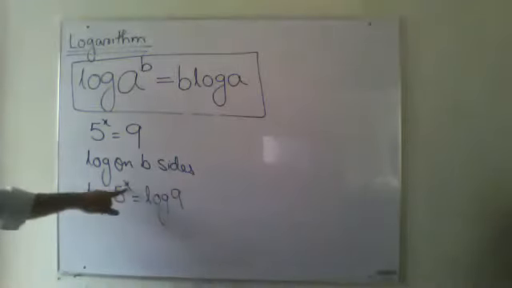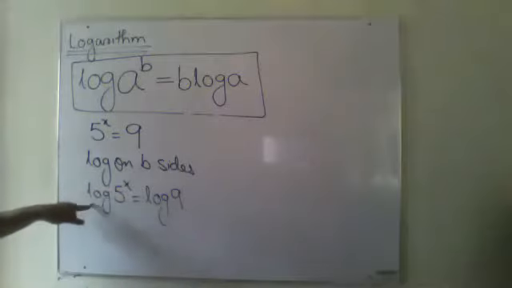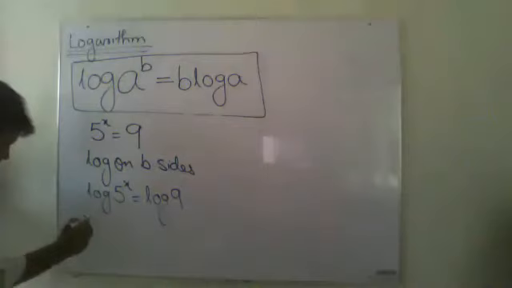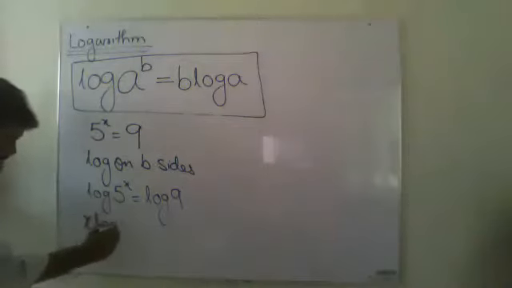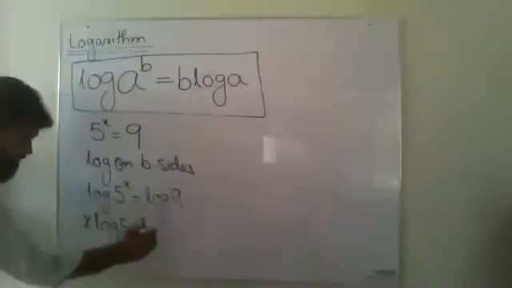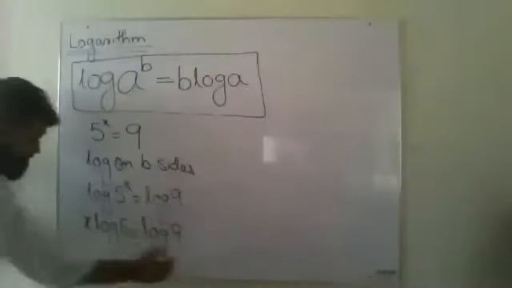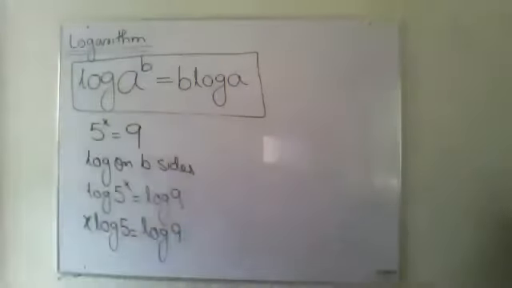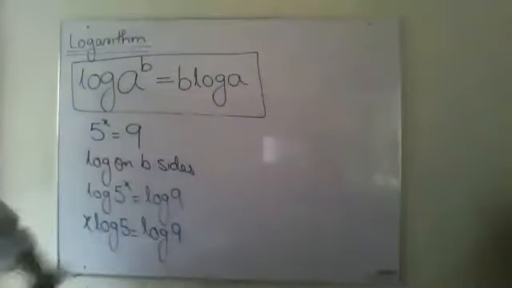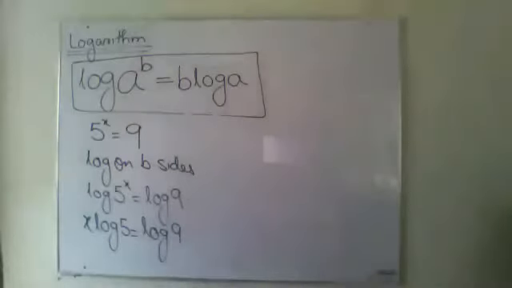So the power which is written on the multiple of log will be shifted before log. x log 5 equals log 9. Now x multiplied by log 5 equals log 9, and I have to find the value of x.